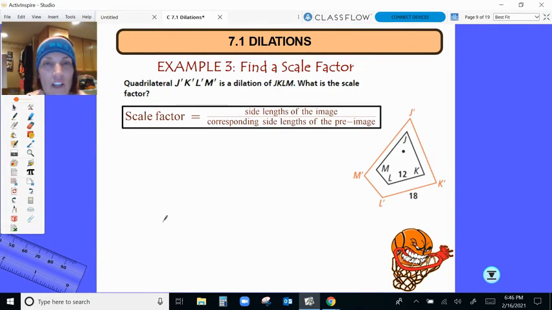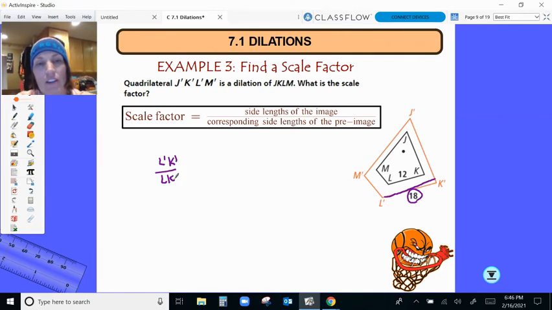Okay. So here, finding a scale factor is kind of what we just did. We're going to take the length of the sides of our image, right? So we always take the length of the side of the image on top divided by the corresponding length of the pre-image. So I look right here. Here's my image right here, right? My image is 18. So L prime K prime to LK. So always my image on top, okay?